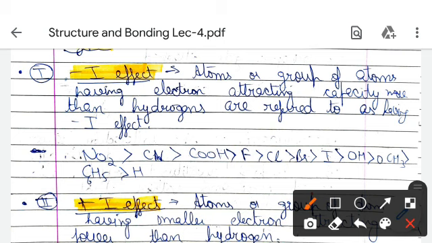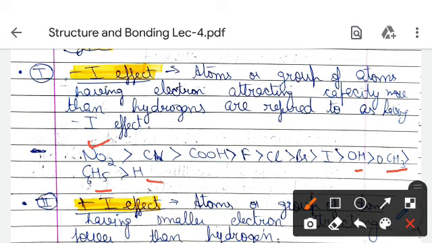In this, the order of different groups is: NO2 is the strongest group, then CN cyanide group, then COOH carboxylic group, fluoro, chloro, bromo, iodo, then OH, then OCH3, that is ether group, then benzene, then hydrogen. So it is the order in which they withdraw the electrons from the carbon chain. In this case, NO2 group is the strongest and hydrogen is the weakest group.